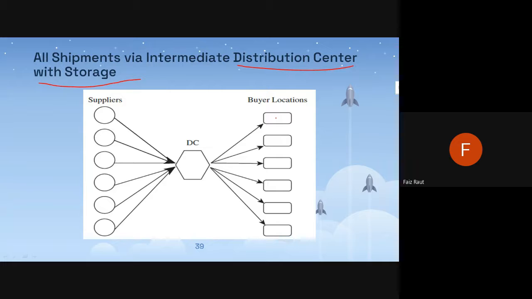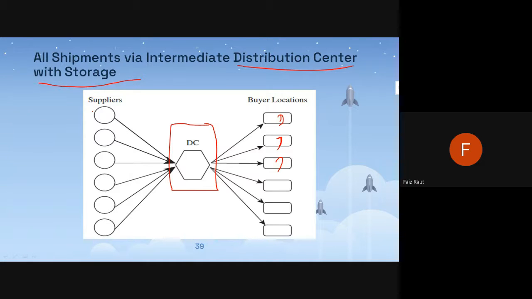Okay, one DMart will be there near third gate, one DMart near Ramdev Hotel, another DMart just outside Belgaum somewhere. So it will send the materials to different buyer locations, but there will be one centralized distribution center with storage.